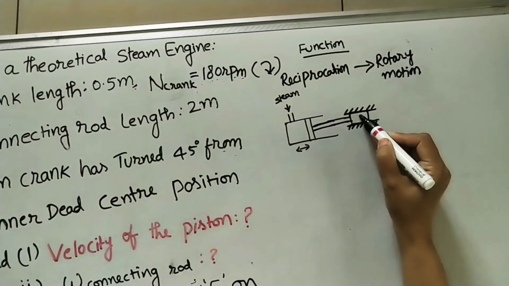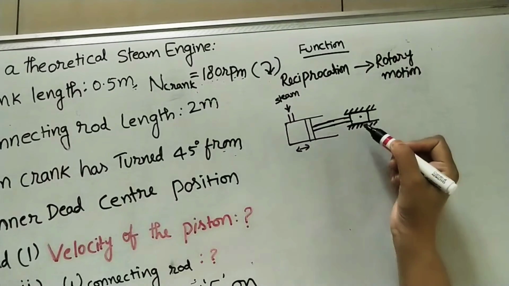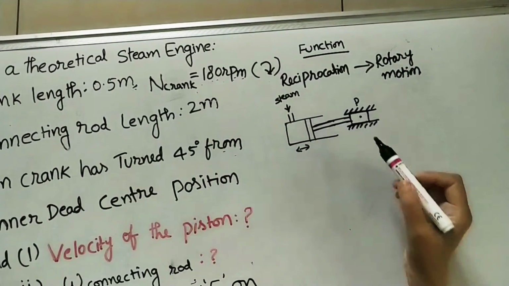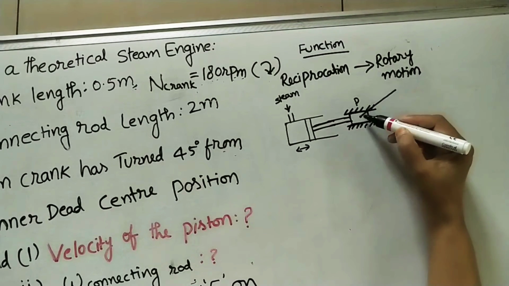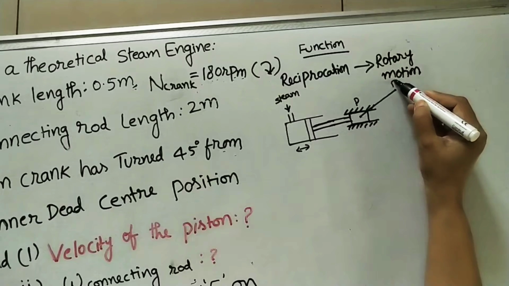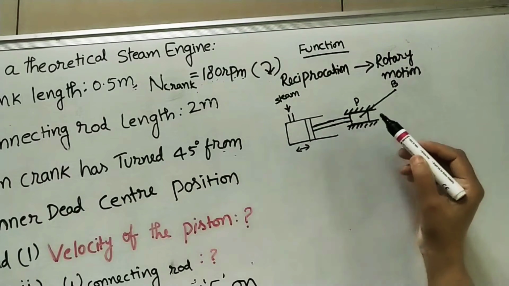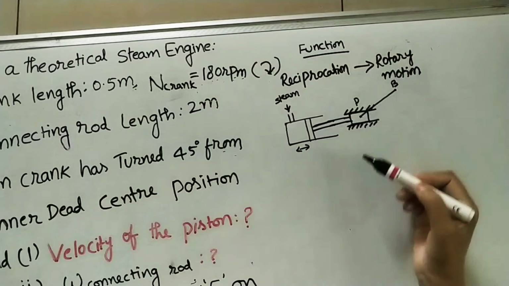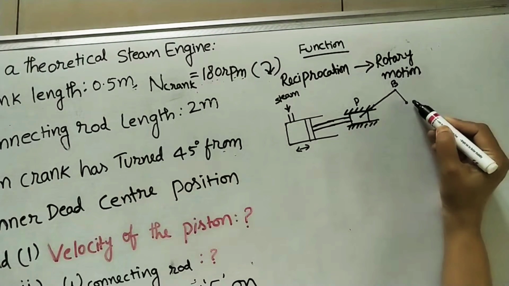This diagram is not given, so we are doing a rough diagram. Here I am taking this as P, this pin is the Gudgeon pin, this is the slider. The slider at this Gudgeon pin is connected to the connecting rod. I am taking this end as B, PB is the connecting rod. Whenever it is sliding, it is oscillating up and down. And this end is connected to one fixed point.